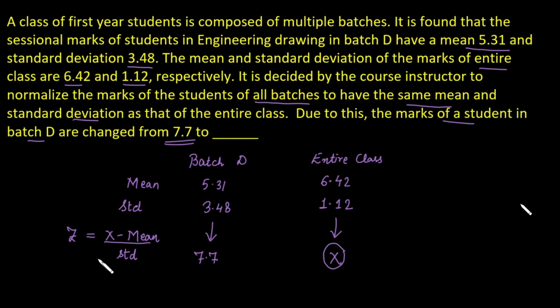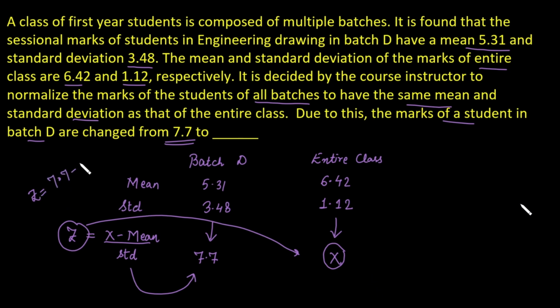So the very first step is to calculate the value of Z with the help of this information. After that, we will use this value of Z to calculate the value of X. First, evaluate Z, which is equal to 7.7 minus the mean 5.31, divided by the standard deviation. Whatever value we get, suppose it is Z star.